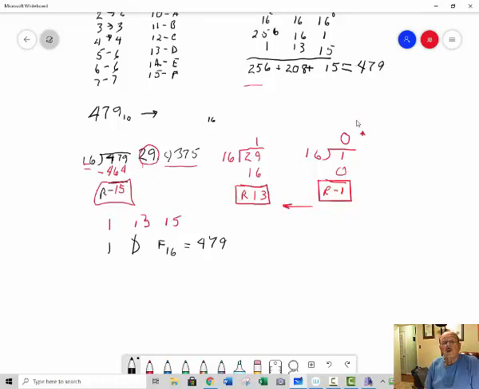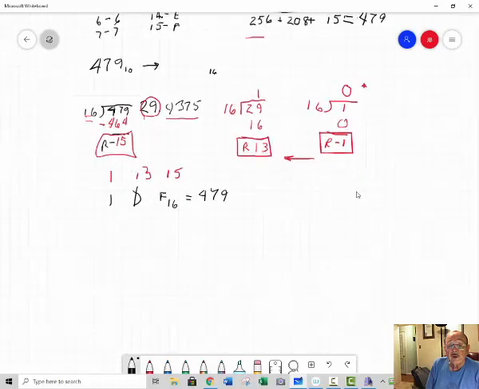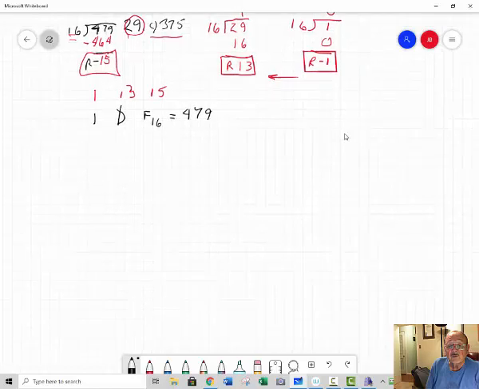The only thing that I'm interested in are the remainders. And you continue until you get a remainder of 0, and then you list these 1, 13, 15. Pick up your symbols from our corresponding digits, and it's 1DF base 16.